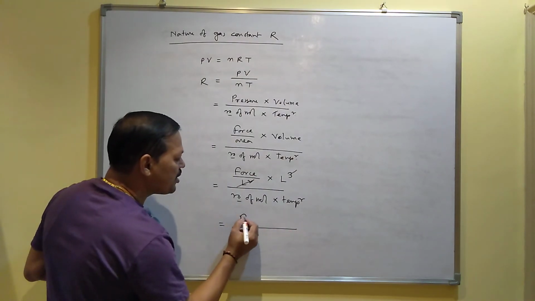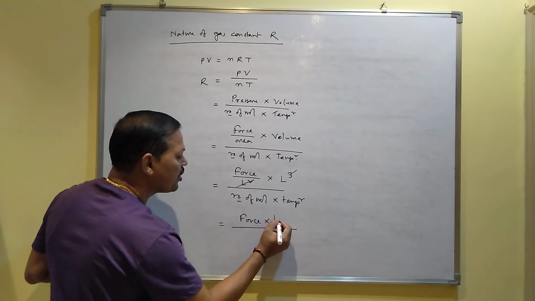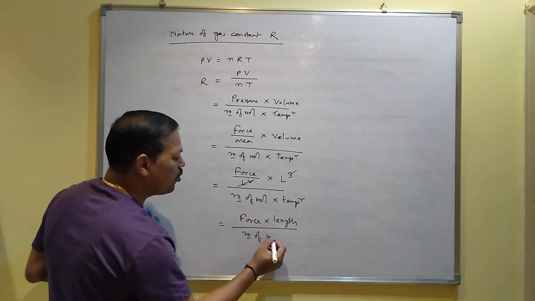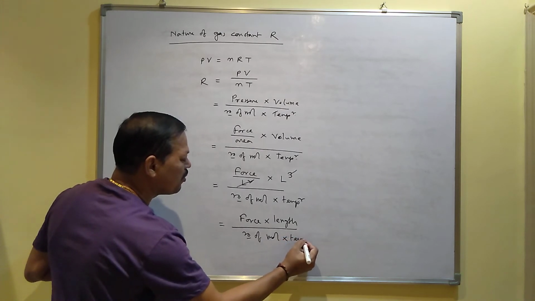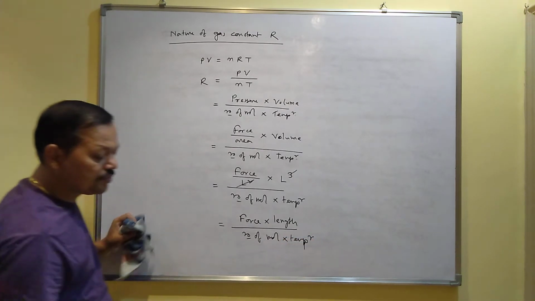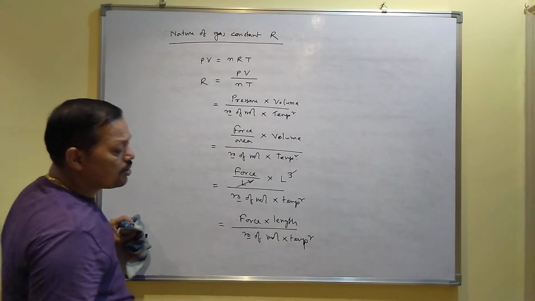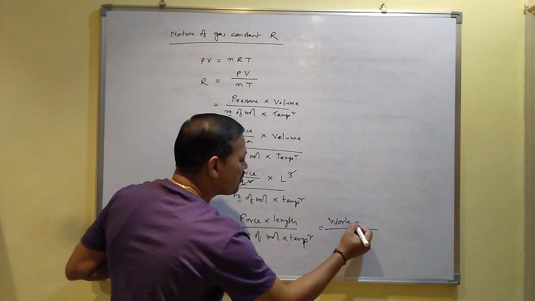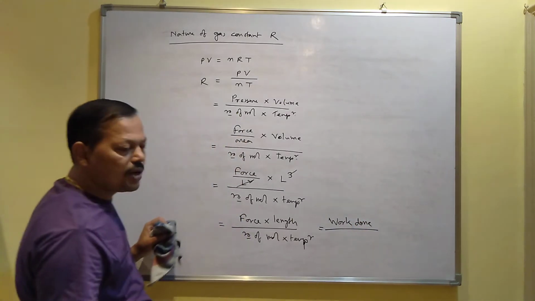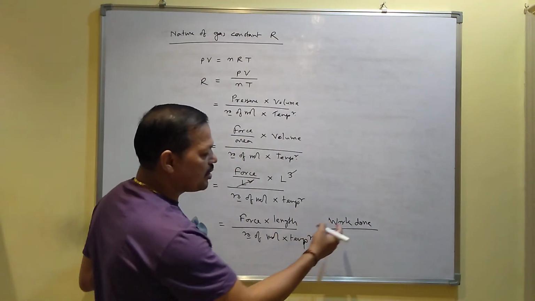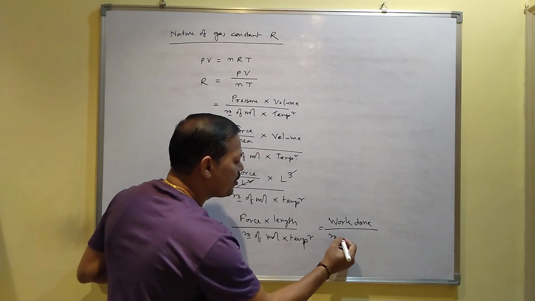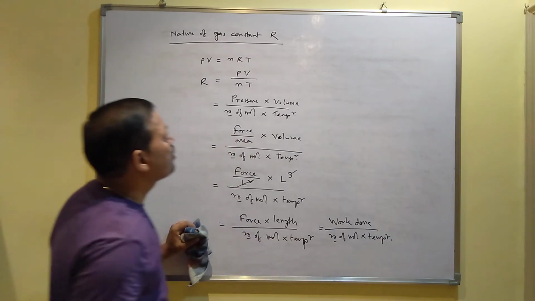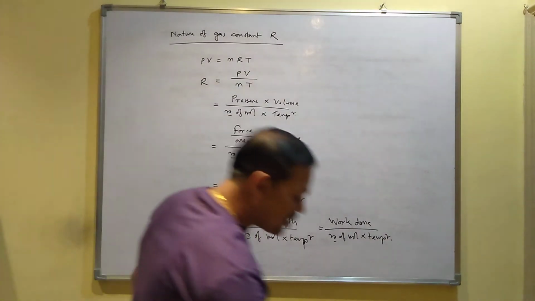So ultimately you can write force into length divided by number of mole into temperature. Force into length means work done, I mean force into distance gives work, divided by number of mole into temperature. So this way you can find out the nature of the gas constant.